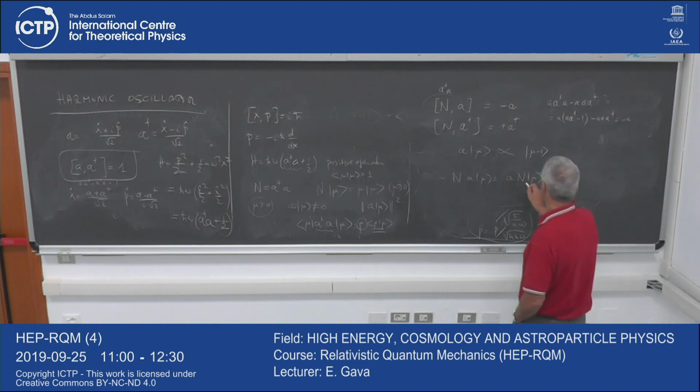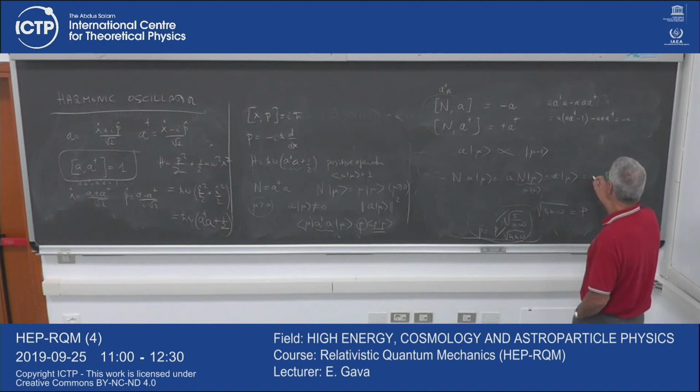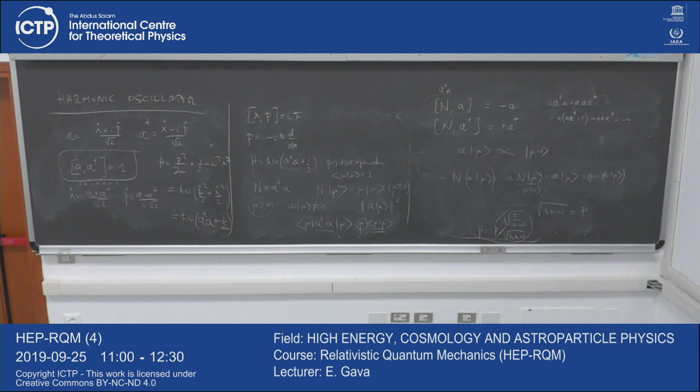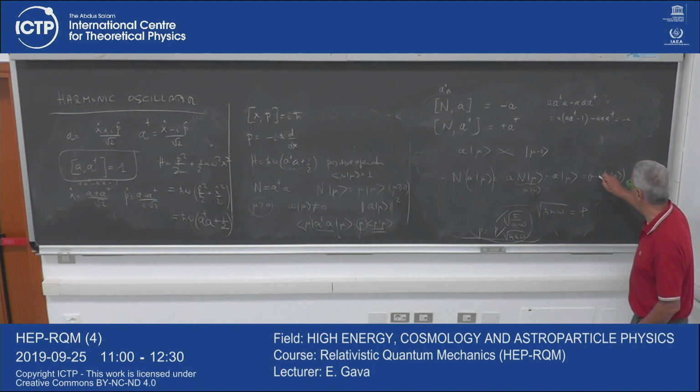But this is mu, right? So this is mu minus 1 times A mu, right? So this is an eigenstate of n with eigenvalue decreased by 1.